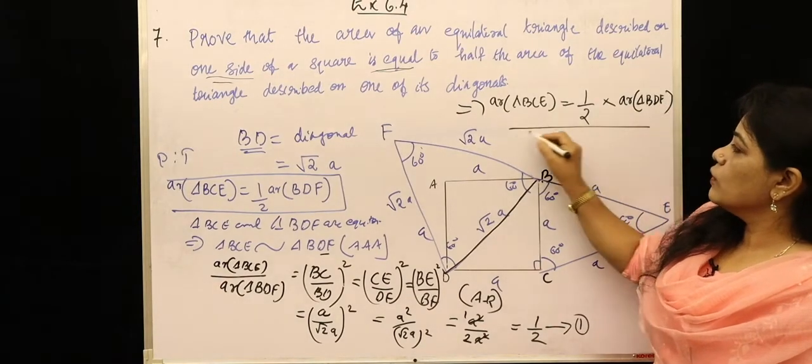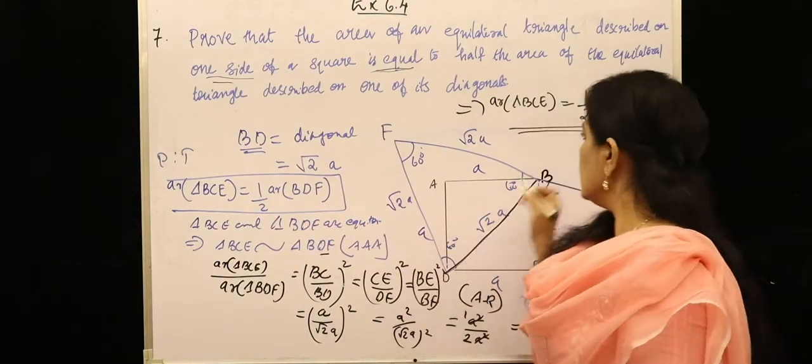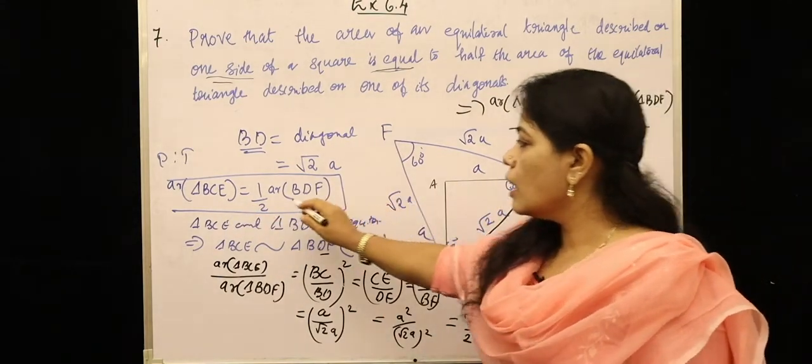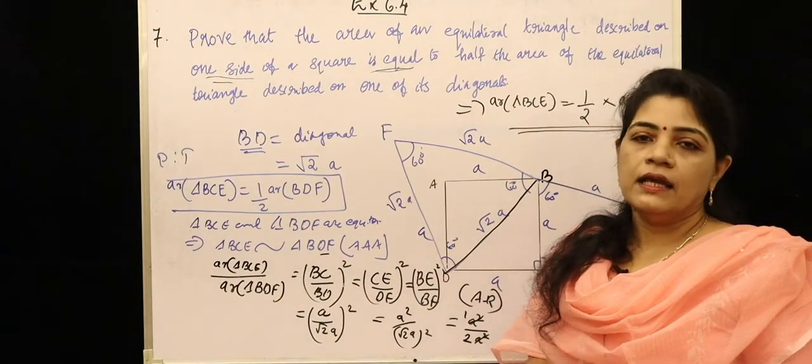This is the required answer: area of triangle BCE equals half the area of equilateral triangle BDF.